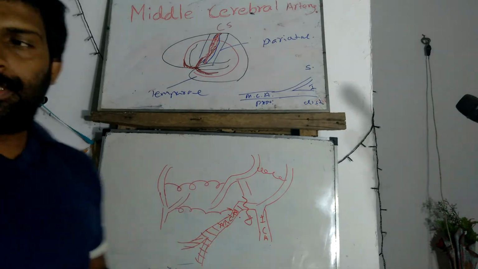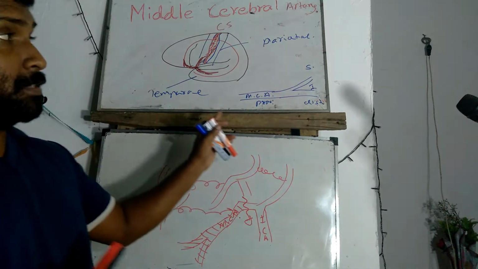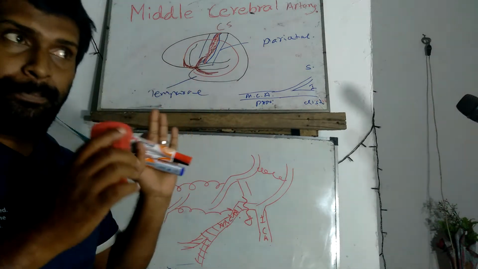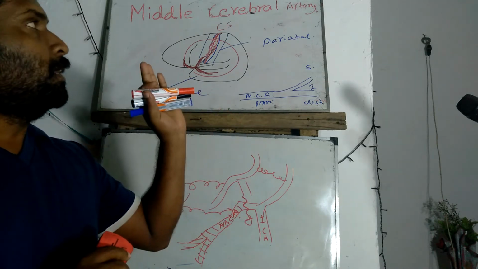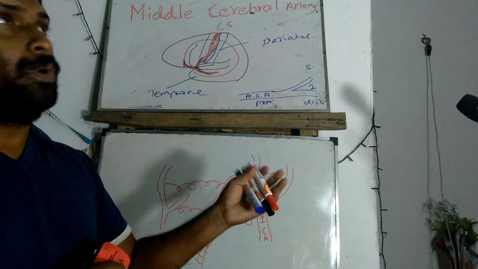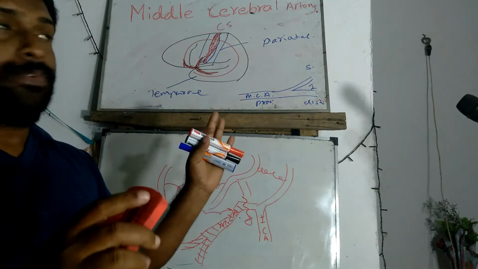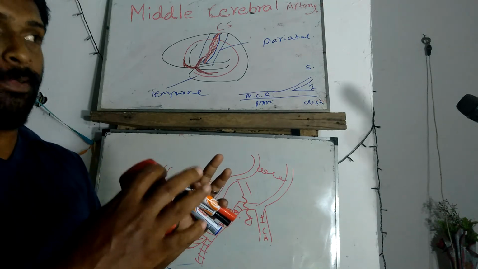I am going to draw the special point. Why are we drawing this? There are some patients having middle cerebral artery damage or embolism or some form of occlusion, a perfusion problem.